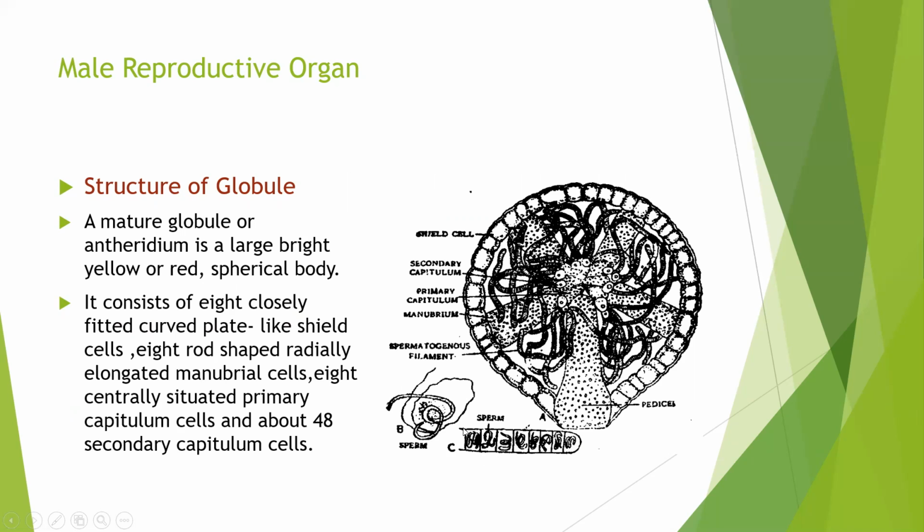This antheridial filament contains 100 to 1000 cells, and each antheridial cell contains a single nucleus, and this single nucleus metamorphoses into a single sperm or male gamete, also called antherozoid or spermatozoid. So in one antheridial filament there are about 100 to 1000 antherozoids.